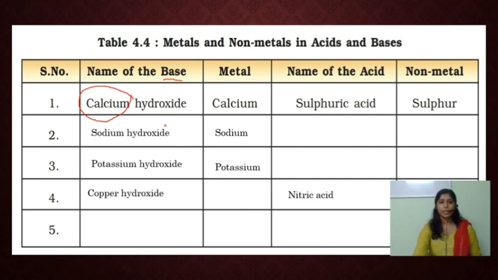Calcium hydroxide is a base. Sodium hydroxide is a base. Potassium hydroxide, base. Then copper hydroxide. Which is the metal present in copper hydroxide? It's copper. Last, magnesium hydroxide. Which is the metal? Magnesium.